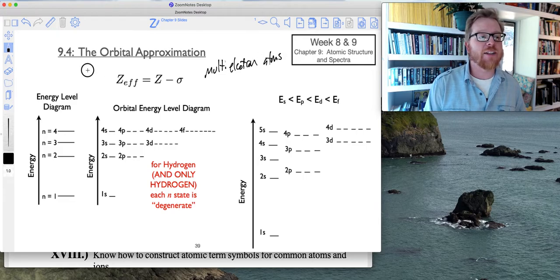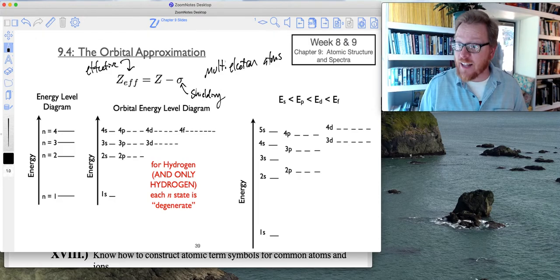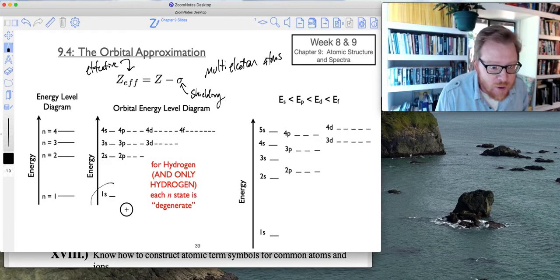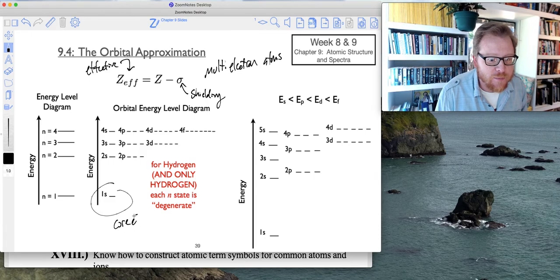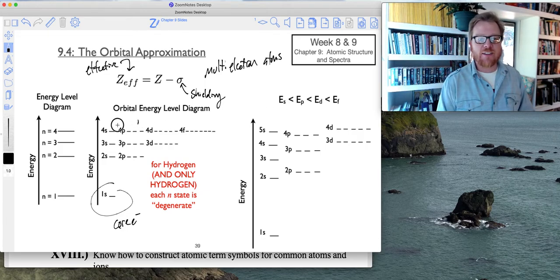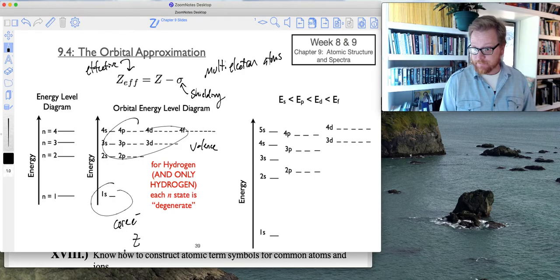we get an effective nuclear charge, which is due to shielding of core and valence electrons. For example, our core electrons way down here are going to shield the valence electrons way up here from the nuclear charge.